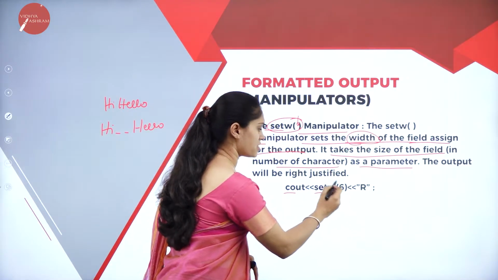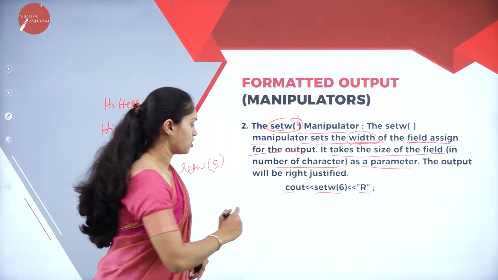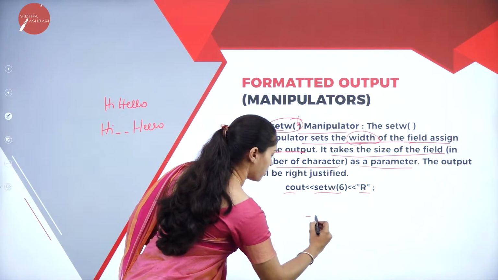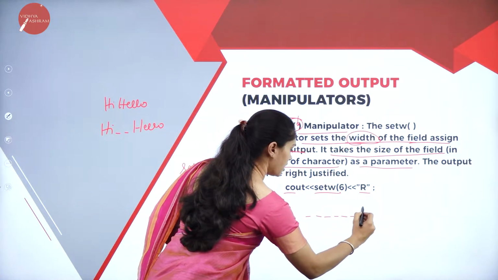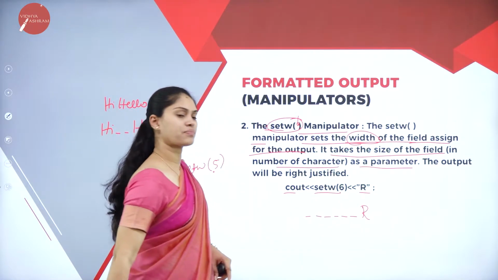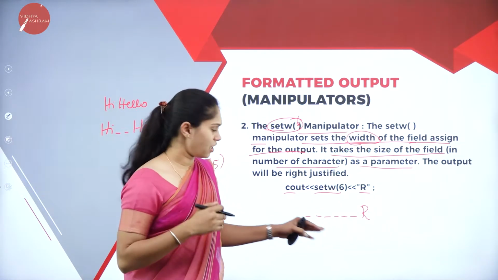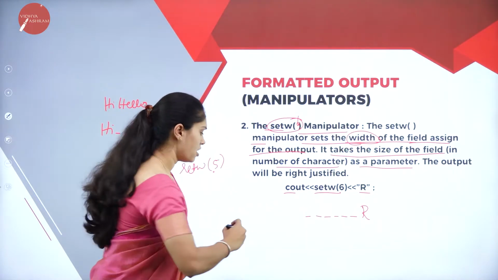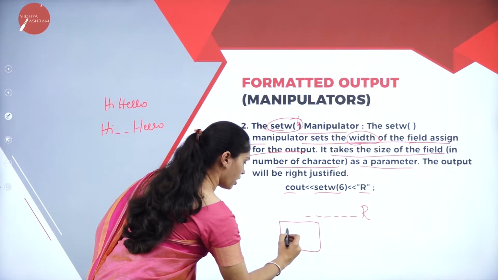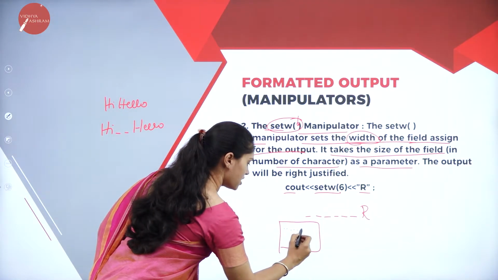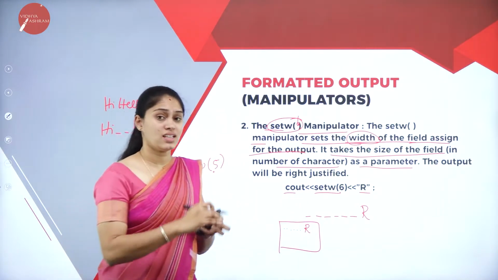Cout setw of 6, and I have a character R. It will give 1, 2, 3, 4, 5 and 6, and it will display R. Here I am taking dashes to make you understand that it is a space. So in the output screen it will be 1, 2, 3, 4, 5, 6 spaces, and R will be displayed on this position.